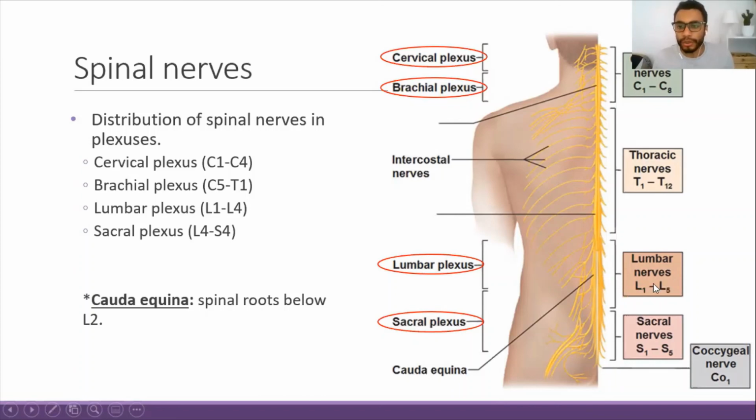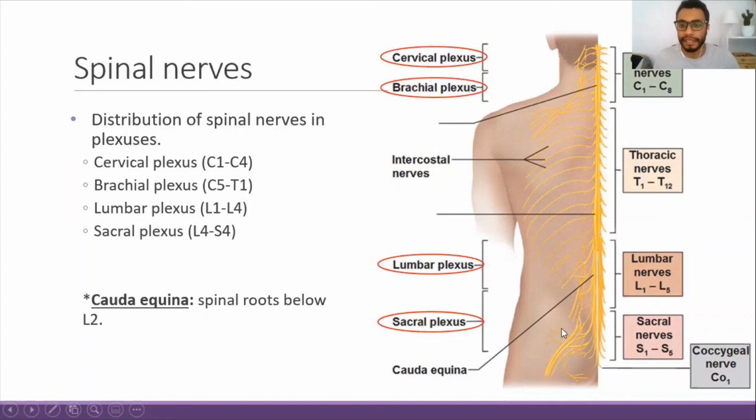When you go down to the lumbar area, we have the lumbar plexus and the sacral plexus. Those plexuses will provide innervation to the lower limbs and also to the pelvic muscles.